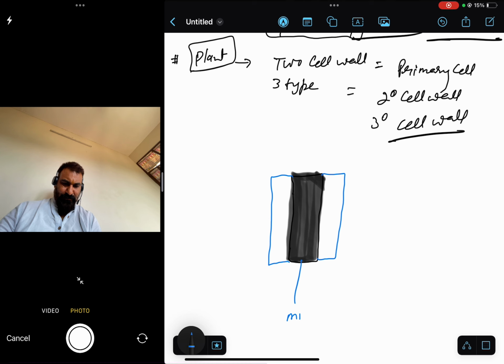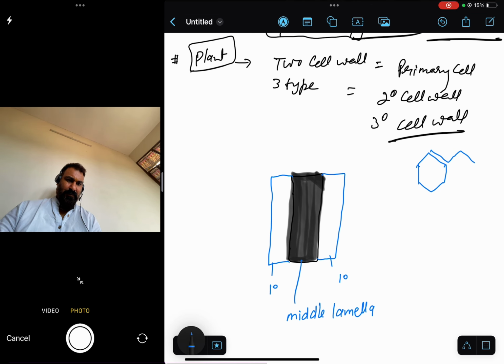This is the middle lamella, and this is the primary cell wall. This is the primary cell wall of another cell. If we draw a diagram for this, this is one plant cell, and this is another plant cell.